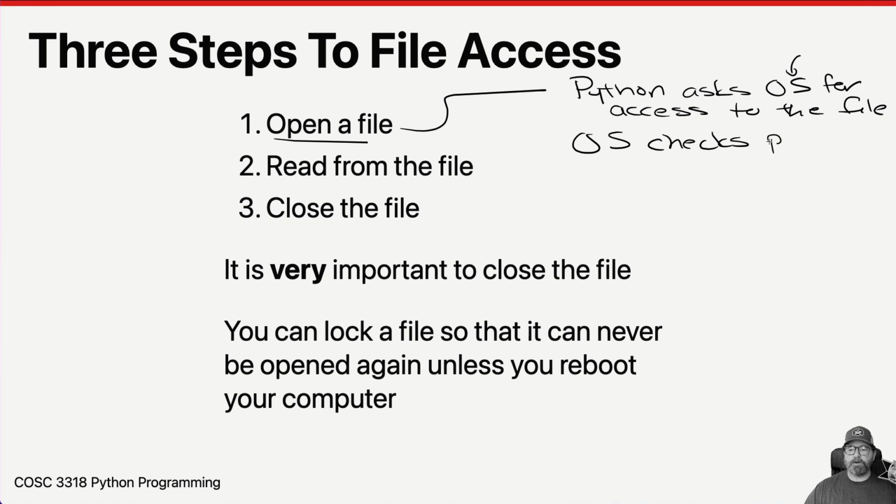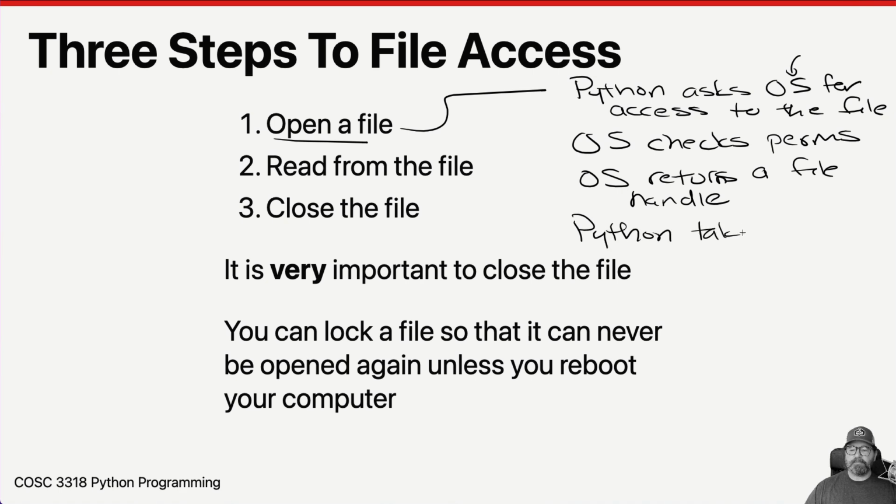So it checks permissions, perms. If everything is okay, then the OS returns what's called a file handle. A file handle, like that. And then Python takes that file handle, and what it does is it turns it into a file object, so that we can use it in Python.